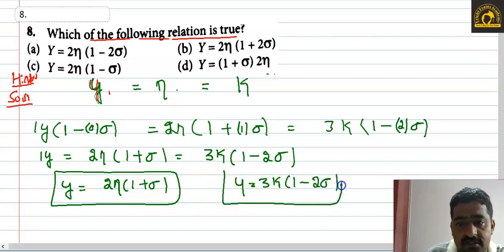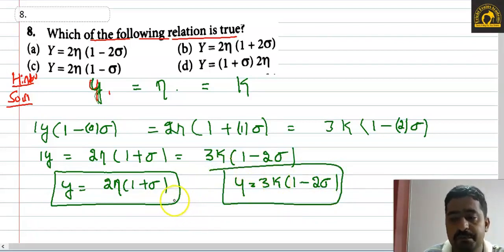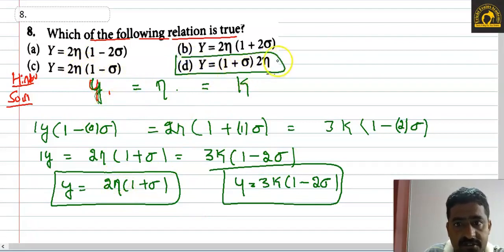This is the second equation. This is the relationship between Young's modulus, eta and sigma. Now which is the answer? The familiar one is 2 eta 1 plus sigma, so option D is the right answer for the 8th question.